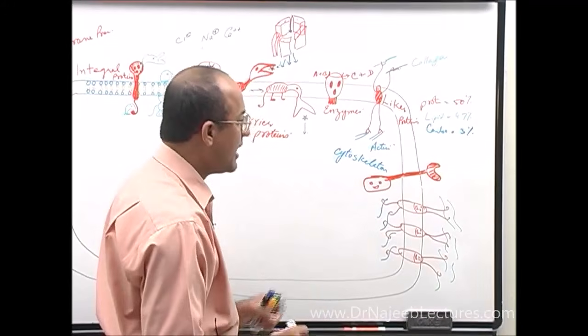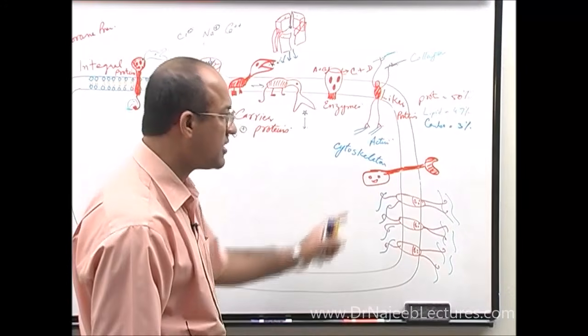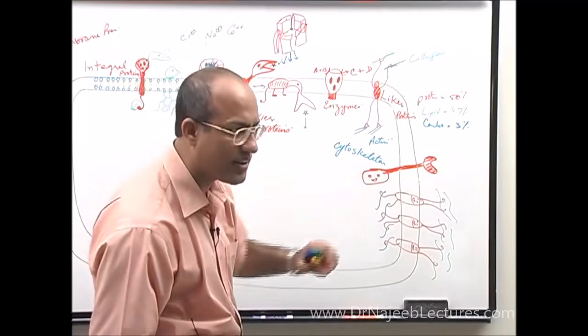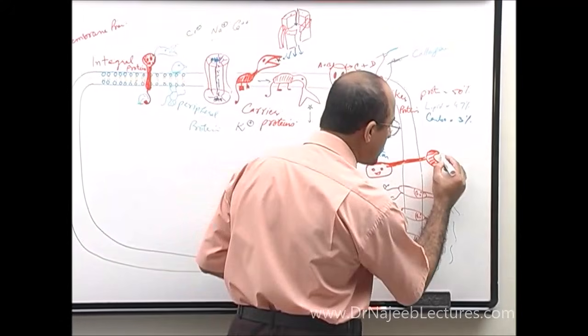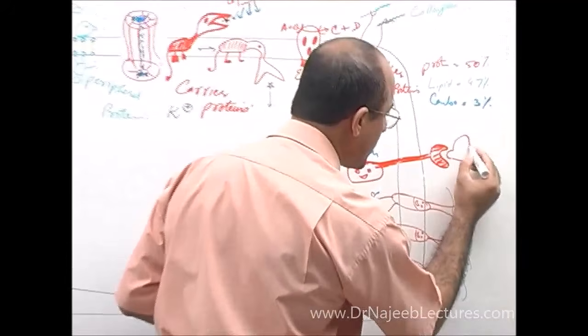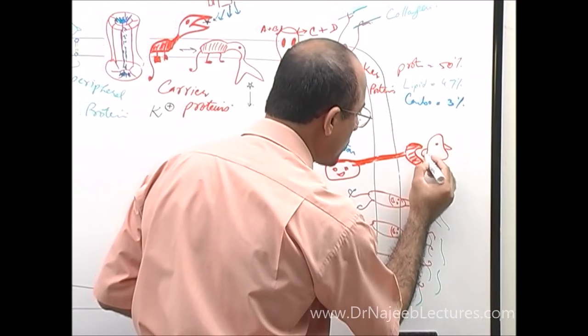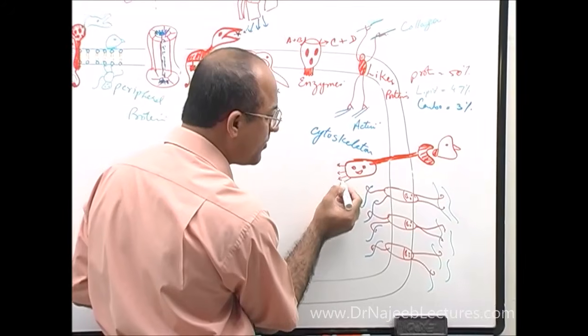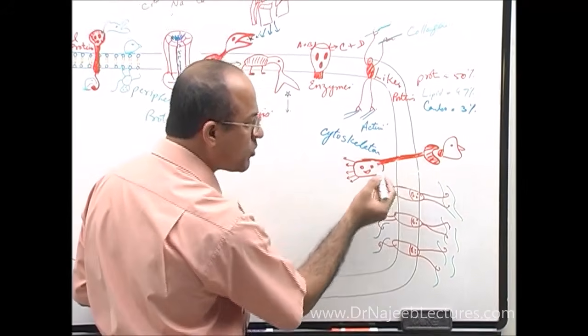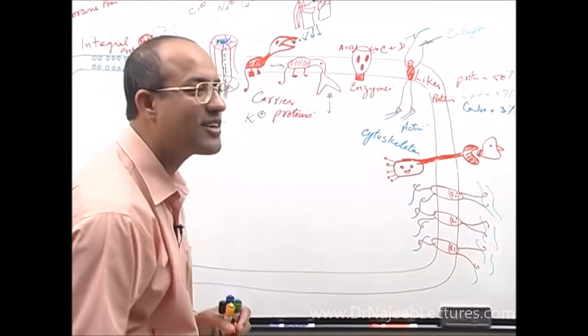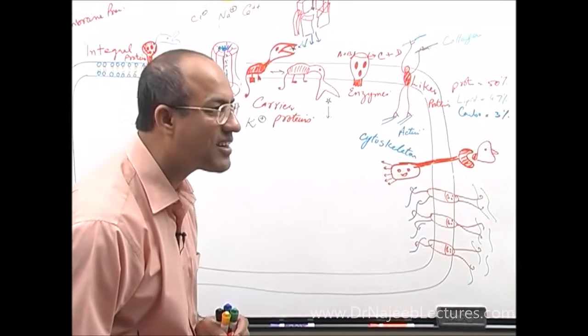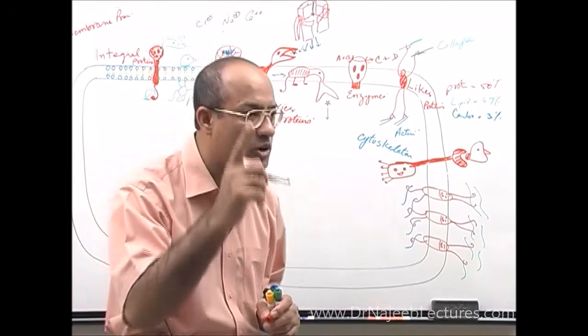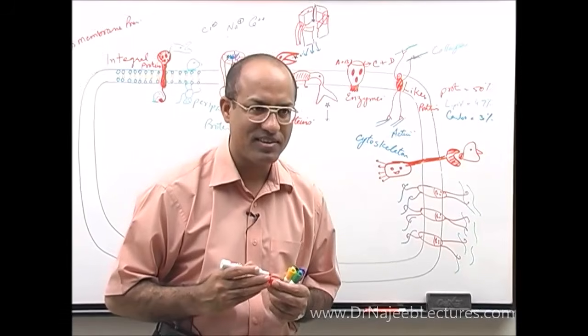Let us suppose this protein can bind insulin. When insulin comes, it binds over here, and it starts giving signals inside. So this protein is working as a receptor. So receptors in the membranes are also integral proteins.